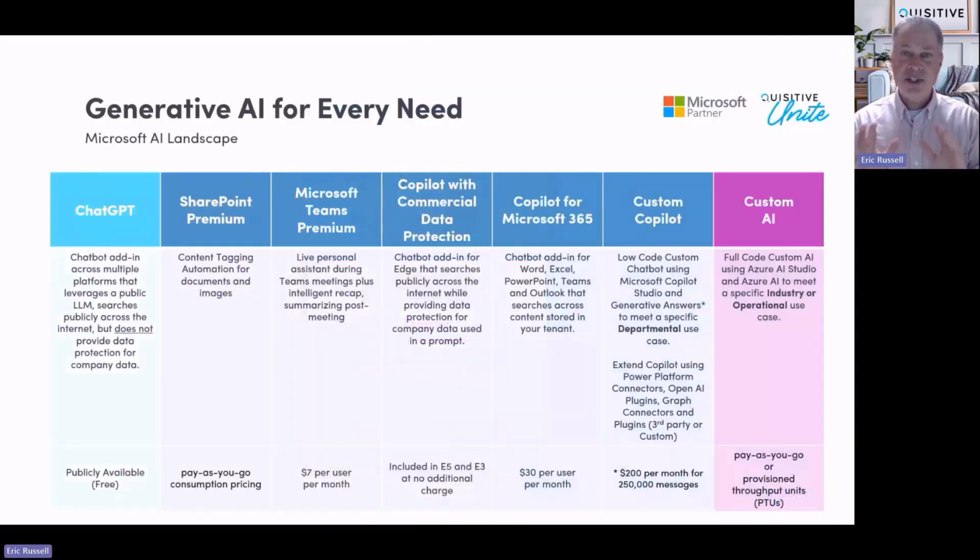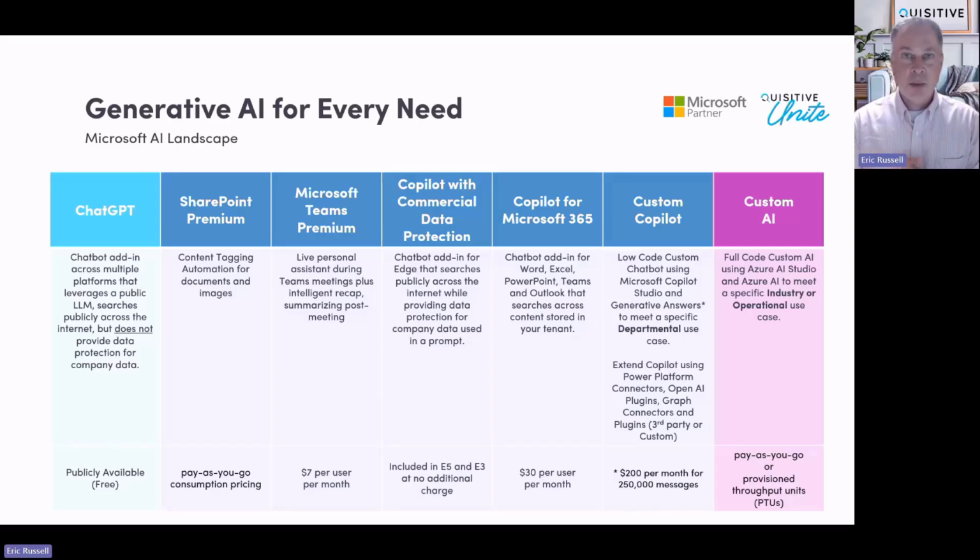I love to start with this slide because I think it really sets the groundwork for definitions. Now, Microsoft does change the names of its products from time to time. So what you're looking at are some of the current names of the AI products within the Microsoft 365 platform. That means everything from SharePoint Premium to the left, all the way to the far right where it says Custom Copilot.